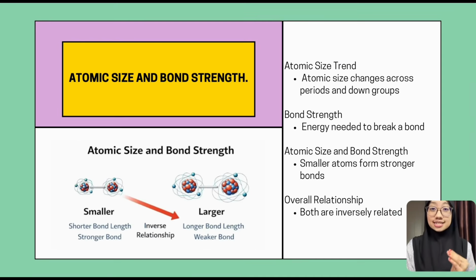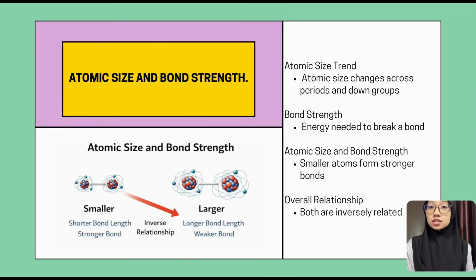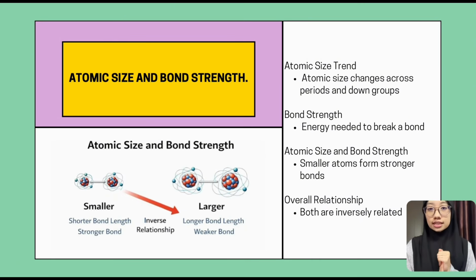Atomic size is the distance from an atom's nucleus to its outermost electrons, and it changes across the periodic table. Across a period, atomic size decreases because the nucleus pulls electrons closer, while down a group, size increases as new electron shells are added. Bond strength is the energy needed to break a bond, and it is influenced by atomic size.